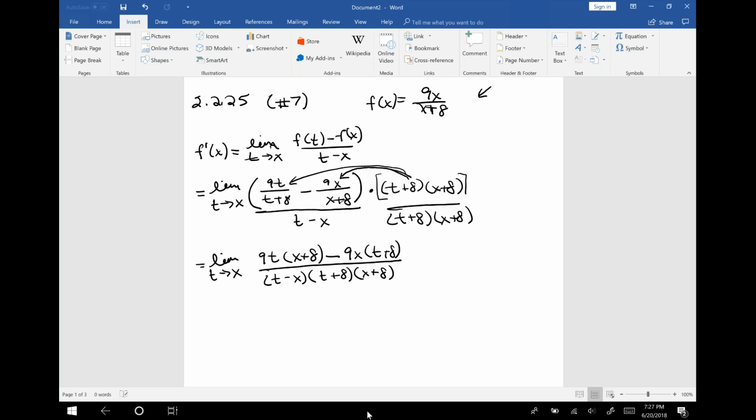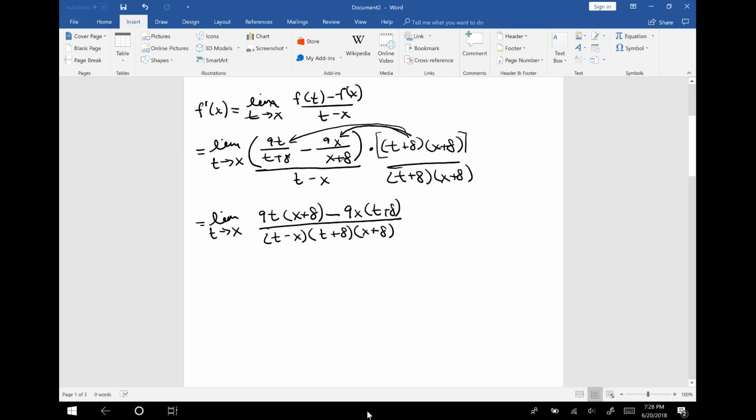If you want me to, at some point, write that in a little bit more detail, I can do that as well. But I'm just going to continue with this problem and finish this, because this is the tricky part. This is the hard part. The rest of it is just distributing and is kind of straightforward.